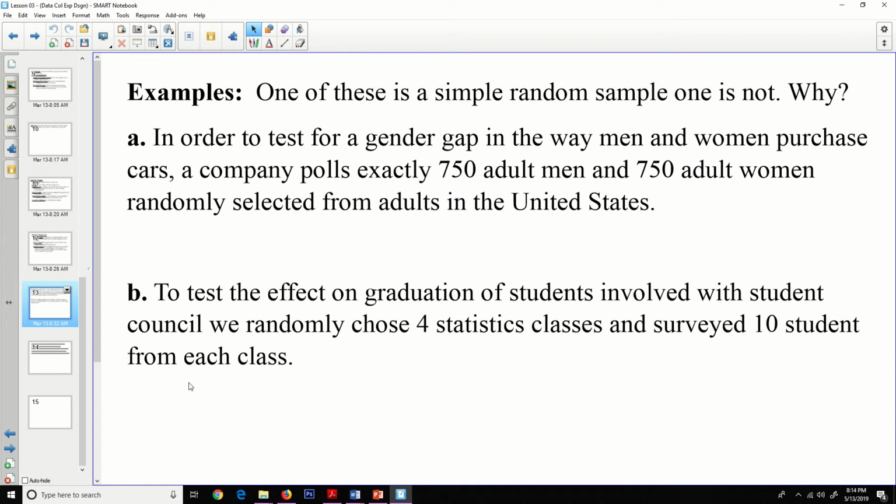So if we want to talk about the solutions for this, A is a simple random sample because each sampling group of 750 adults has the same chance of being selected.